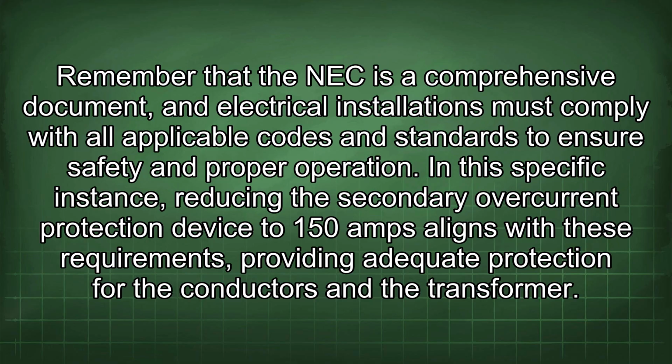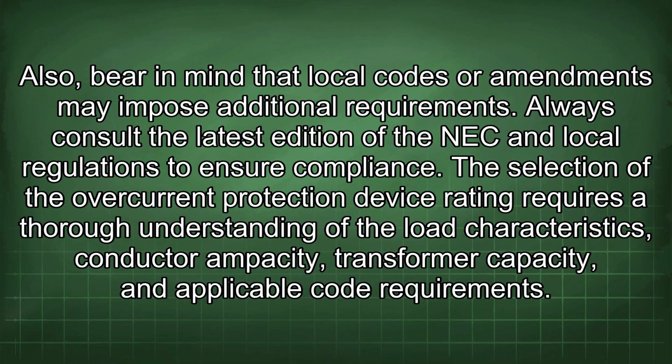In this specific instance, reducing the secondary overcurrent protection device to 150 amps aligns with these requirements, providing adequate protection for the conductors and the transformer. Also, bear in mind that local codes or amendments may impose additional requirements. Always consult the latest edition of the NEC and local regulations to ensure compliance.